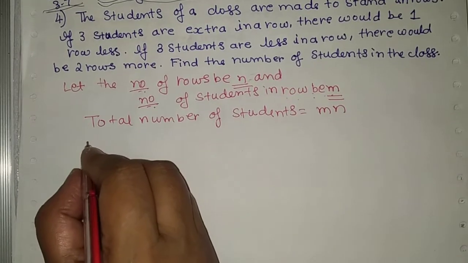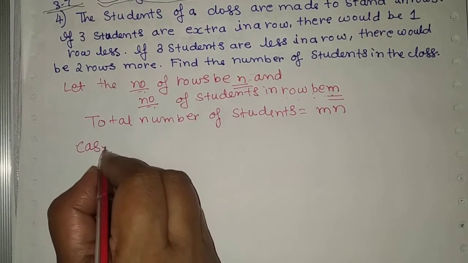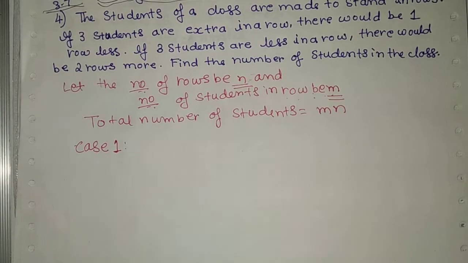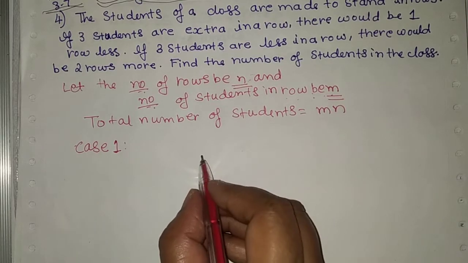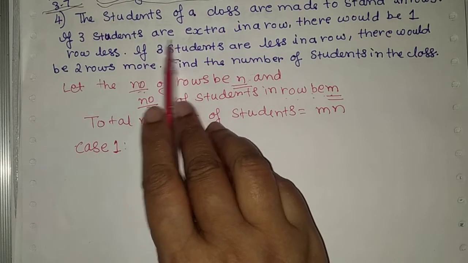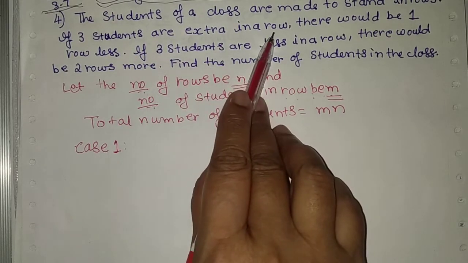First we will take case 1. There will always be 2 statements or 2 cases in the problem. The first case is: if 3 students are extra in a row.